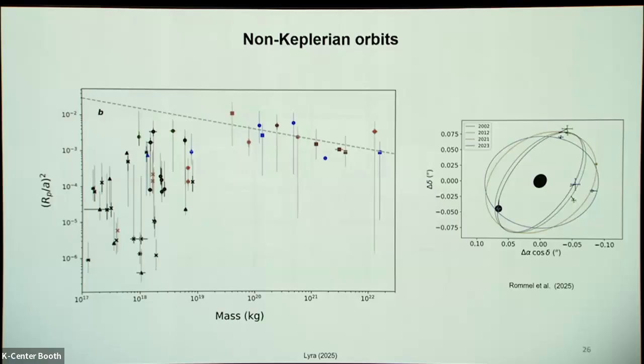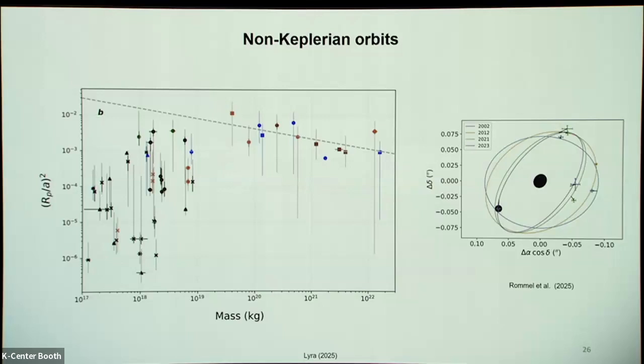Also, as you get deeper into the gap, as Proudfoot showed, these objects become quite hard to do an orbital fit for. You have non-Keplerian effects.